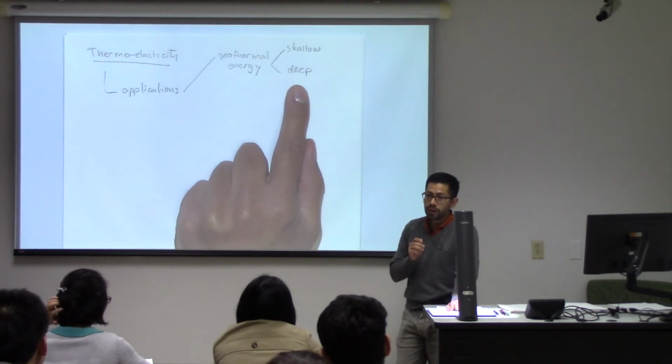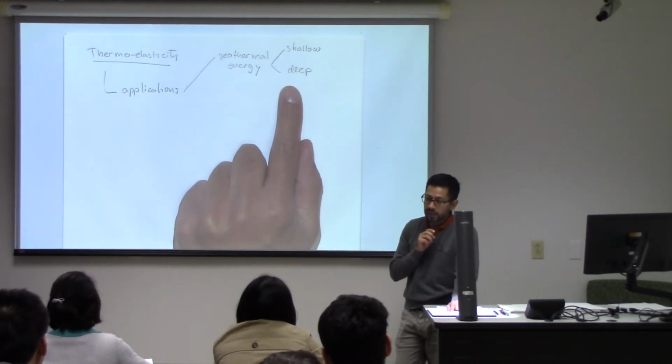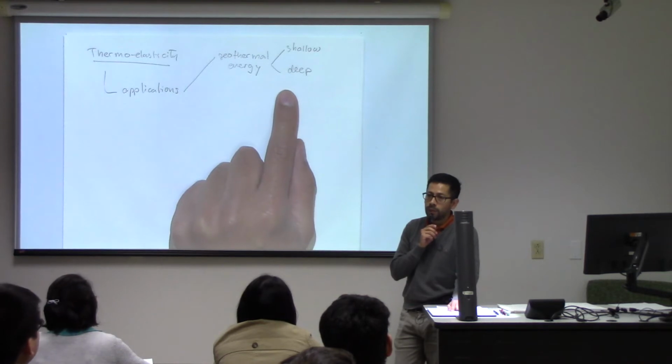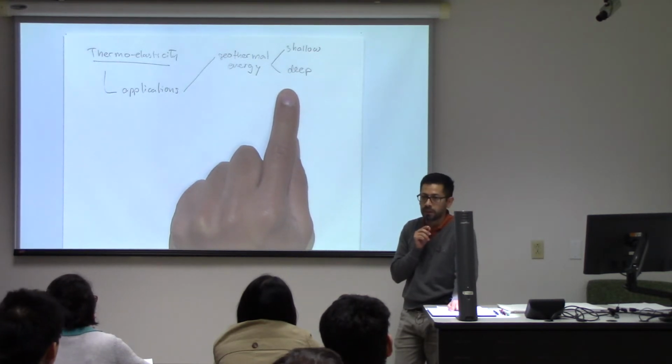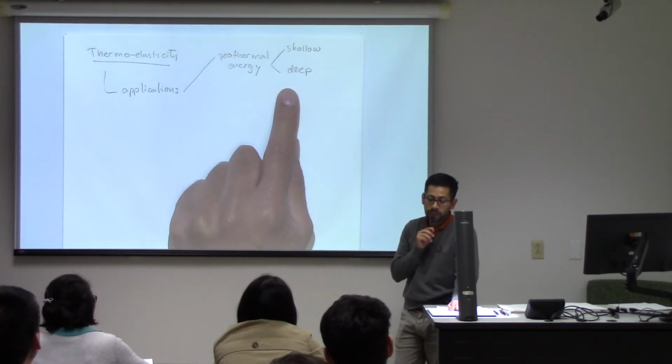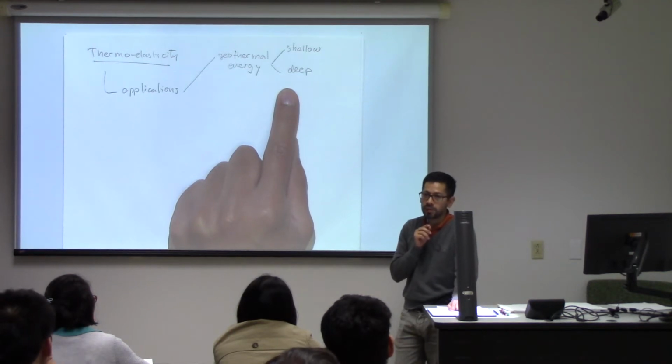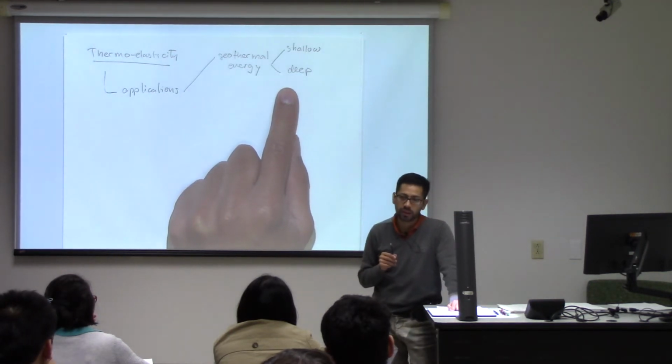Right now this is something that is starting to pick up more and more momentum, and sometime it might replace quite a bit of the energy that we consume today for electricity.